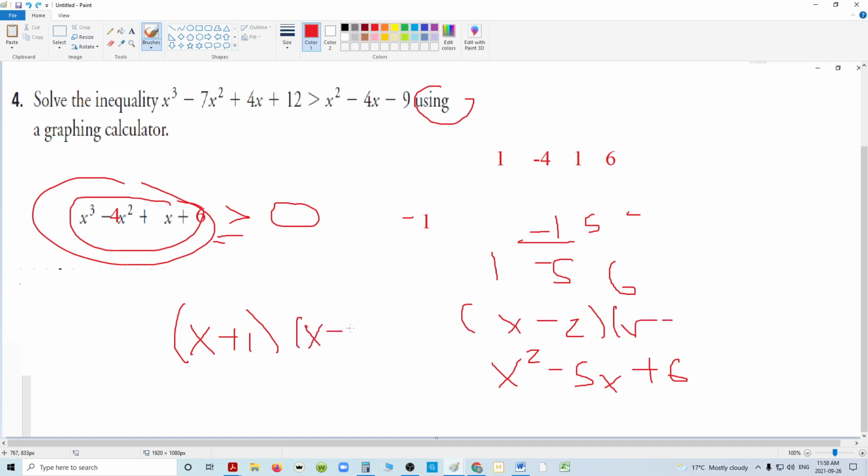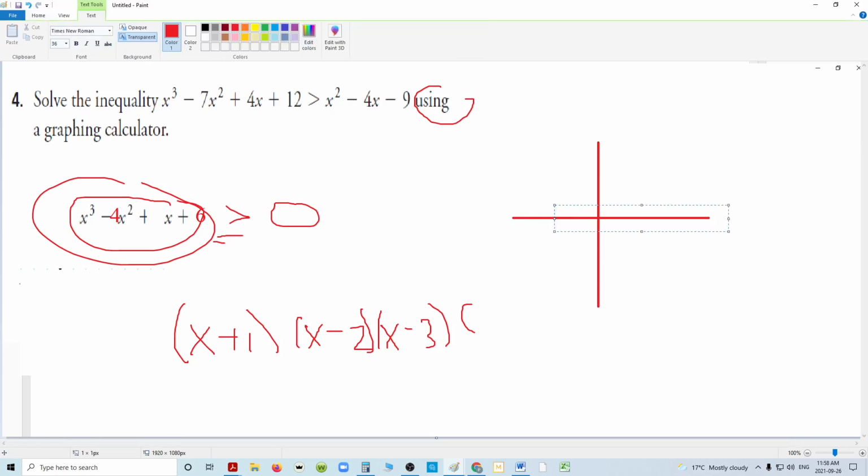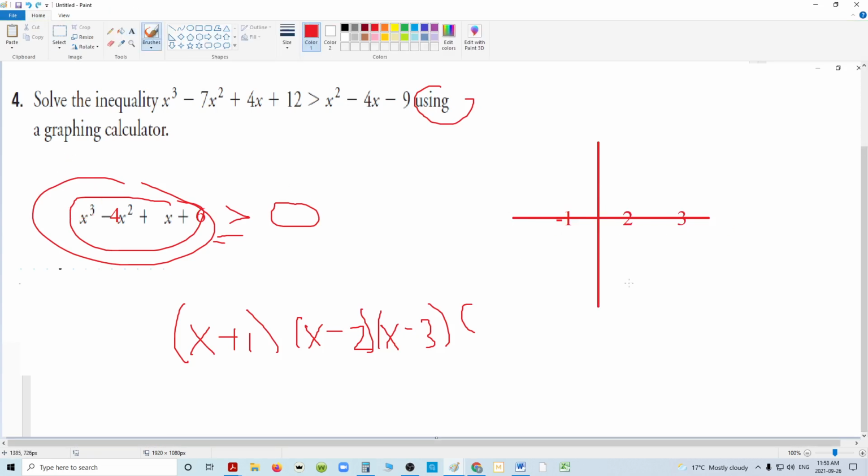Putting that in the right order, well, actually it's in the right order right now, I could graph it very much like this. It goes through minus 1, it goes through 2, and it goes through 3. Now I also know this is a positive cubic, so it's going to come up, down, and up.